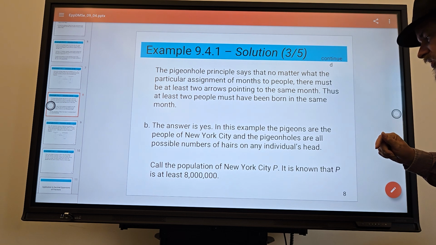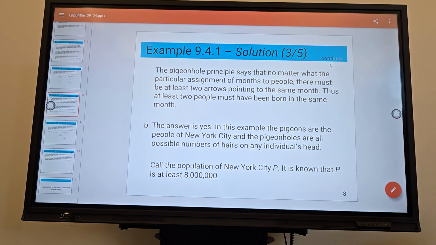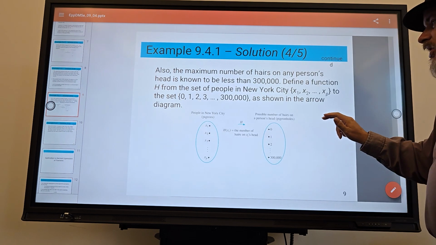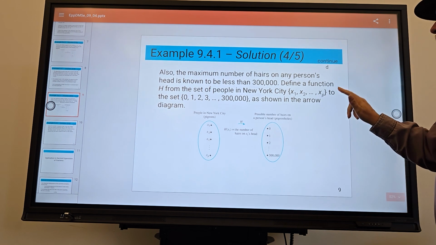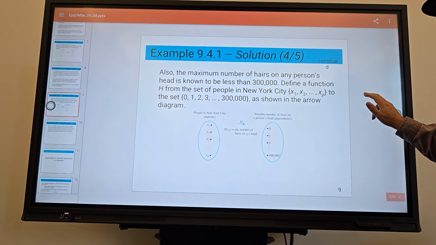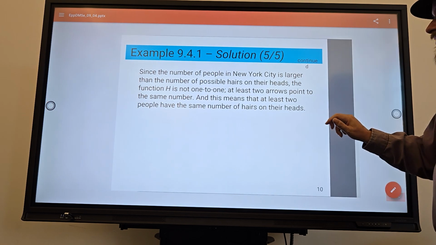The population of New York City is known to be at least 8 million people, and the maximum number of hairs on any person's head is known to be less than 300,000. So 8 million is greater than 300,000, so there must be at least 2 people that have the same number of hairs on their head. But like I said, common sense, just formalized.